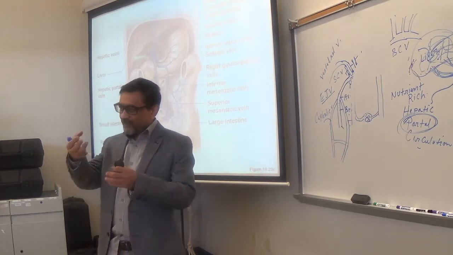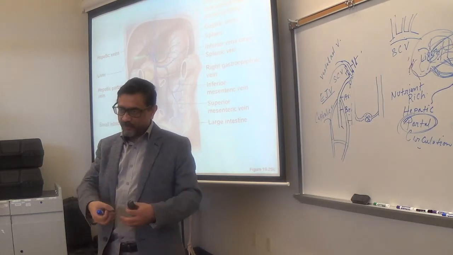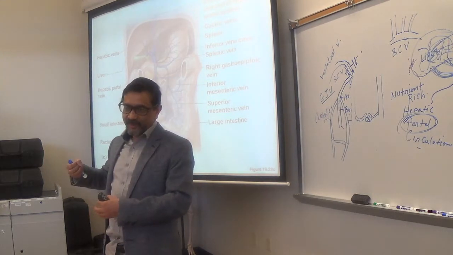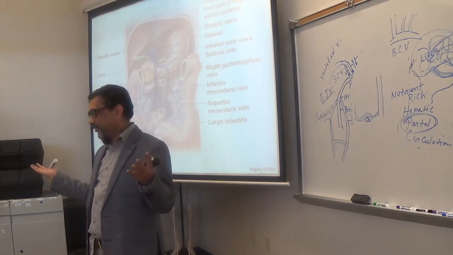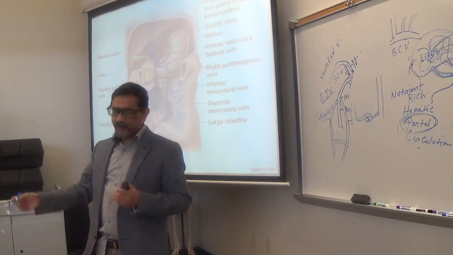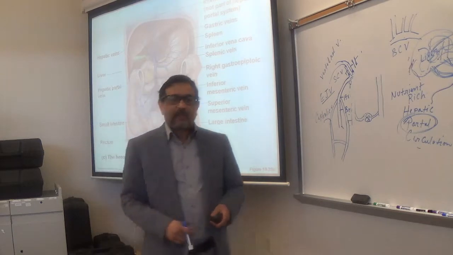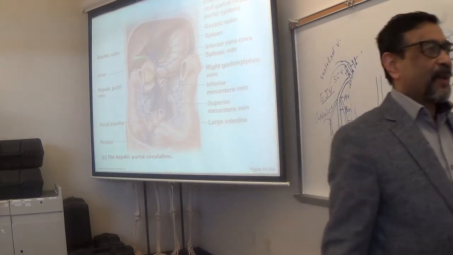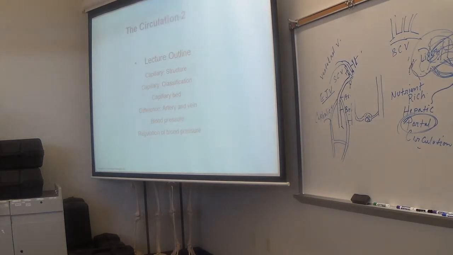So superior mesenteric from the small intestine, inferior mesenteric from the large intestine, and from the stomach, gastric. Gastric means stomach. You have the arteries the same: gastric artery, superior mesenteric artery, inferior mesenteric artery. So that is the hepatic portal circulation. Okay, so that's the veins of your body.